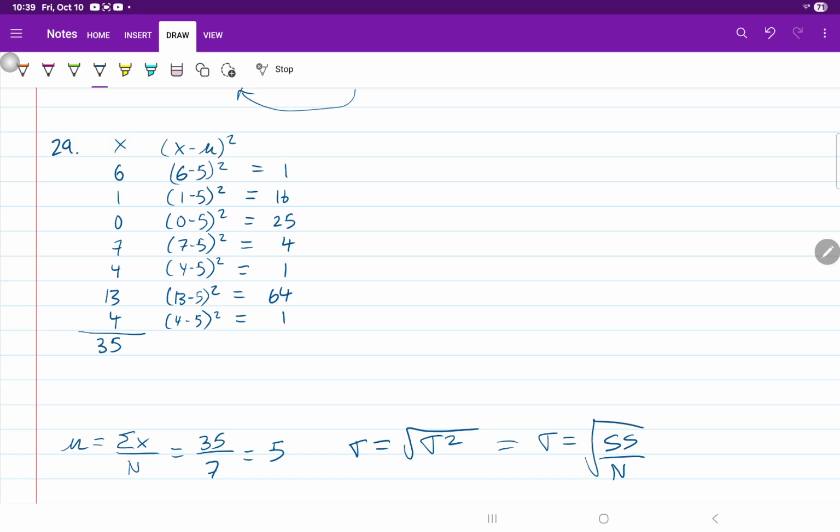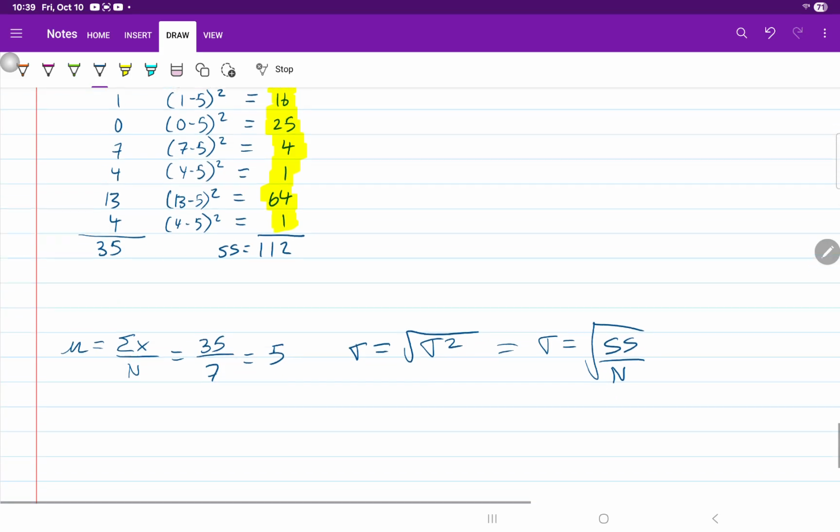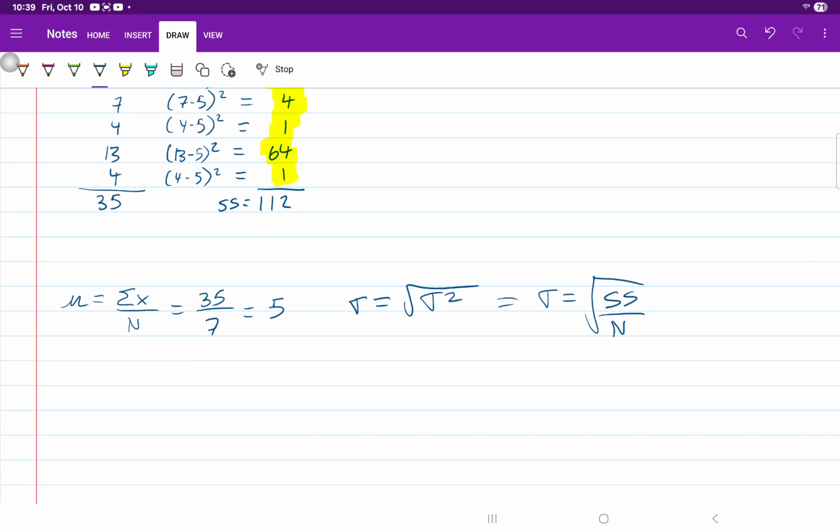Okay, so we need the sum of squares. So that is this column over here. We get a sum of that column, and that's going to be 112. And yeah, I'm good at sum arithmetic, but of course I've already worked out the problem. So, all right.